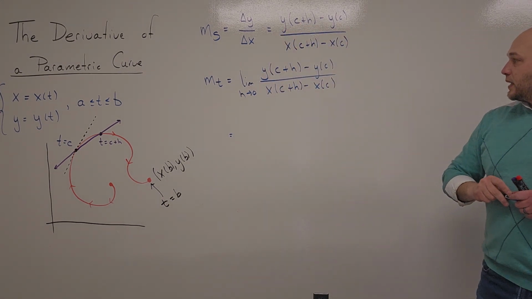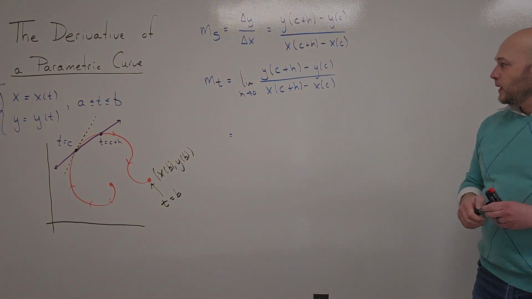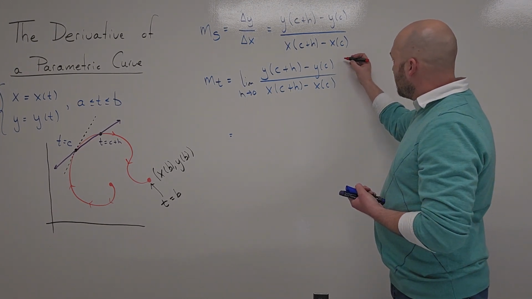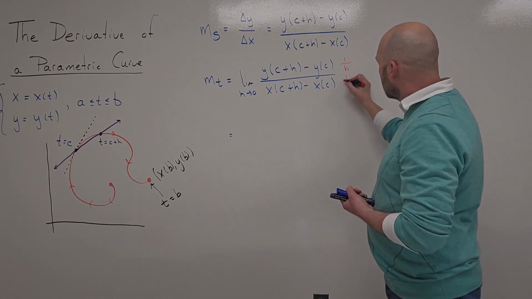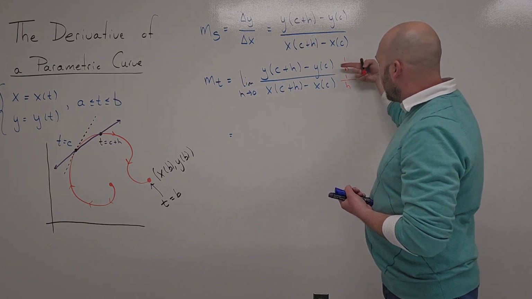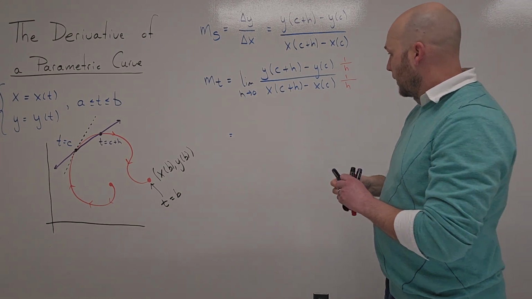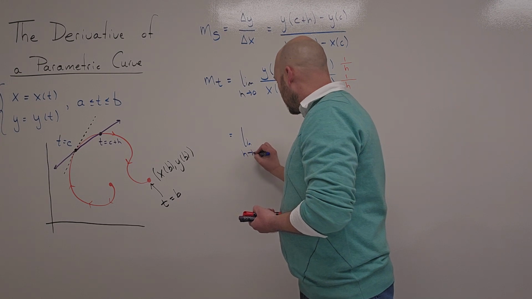As is, we can't take the limit of that. We have to do some sort of manipulation. And the manipulation that I'm going to do in this case, I'm going to multiply the top and the bottom by 1 over h. So I'm going to distribute 1 over h to the top, 1 over h to the bottom, and let's see what we get. This would be the limit, h approaches 0.